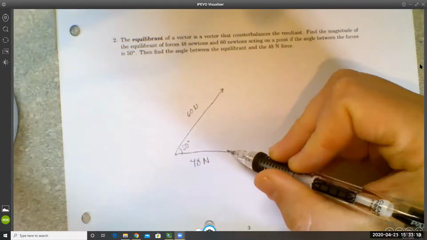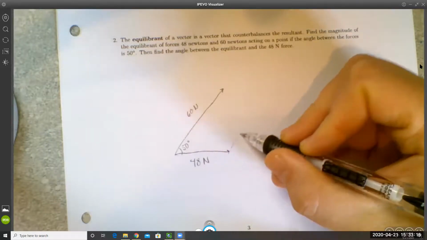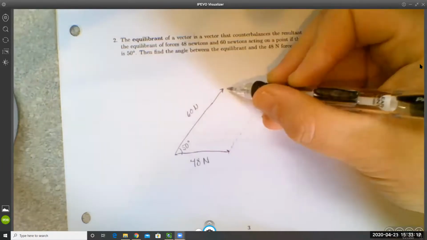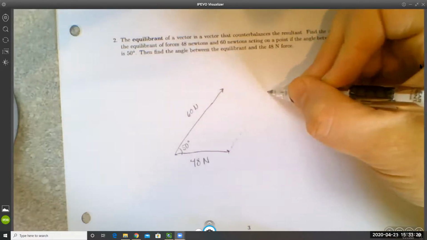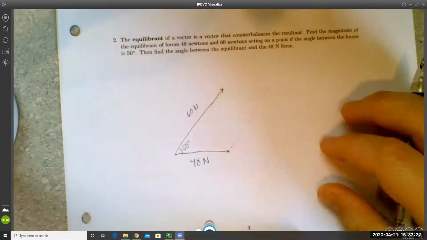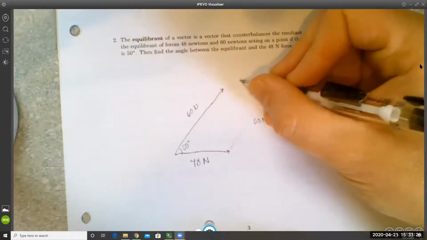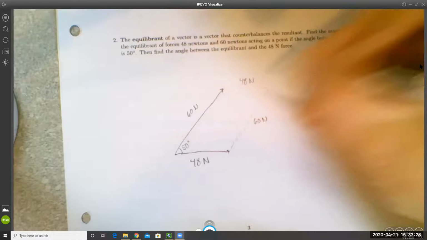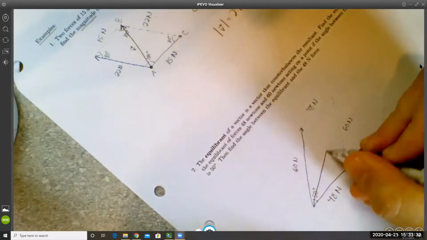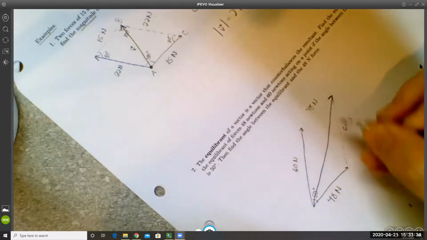So I'm going to do the same thing, use the parallelogram version of addition. So right away I can label this 60 newtons, 48 newtons. And I'm trying to find the resultant, which is this vector right here.